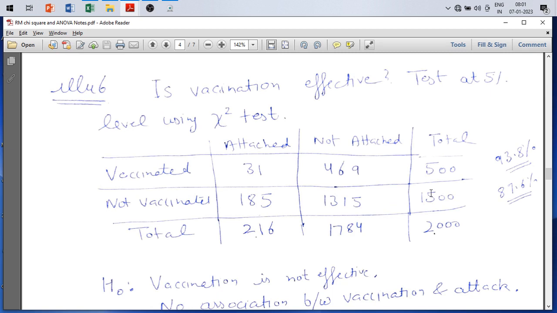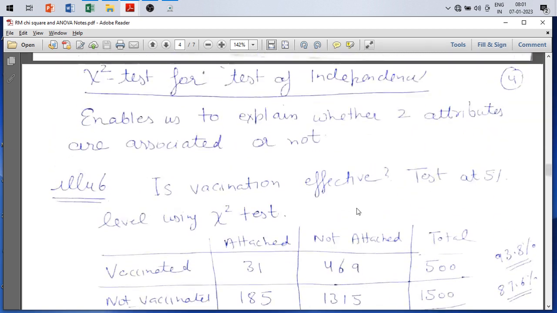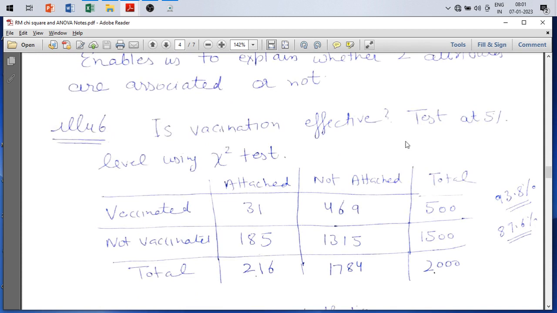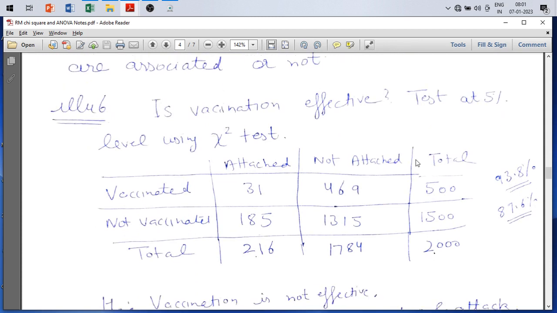Okay, so this will come in the category of test of independence. Independence in the sense that if we say that the vaccine is not effective, that means we are saying that vaccination and attack by the disease are independent.